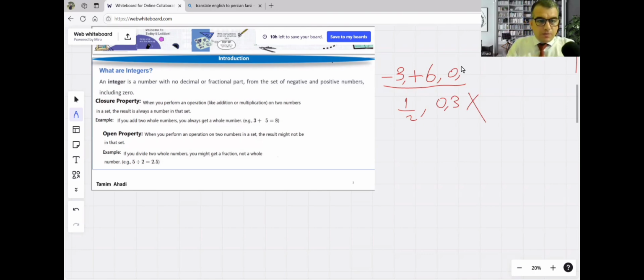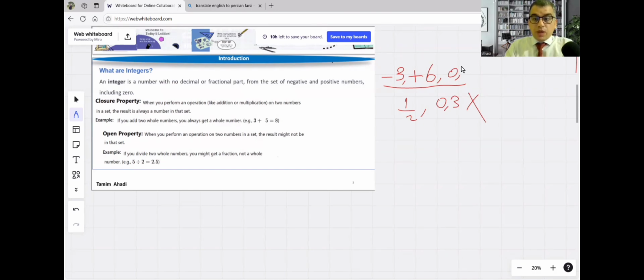So, next, closure property. First, let me read the definition, then we do some examples. When you perform an operation on two numbers in a set, the result is always a number in that same set.